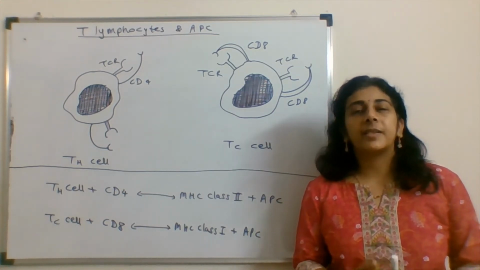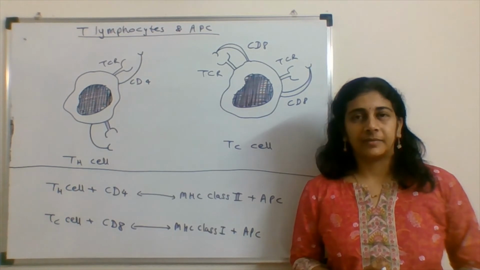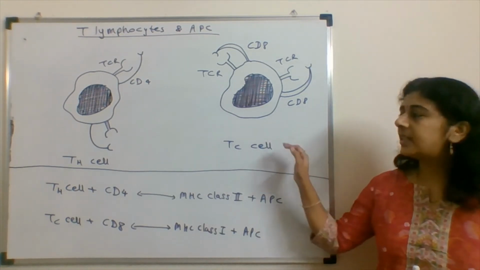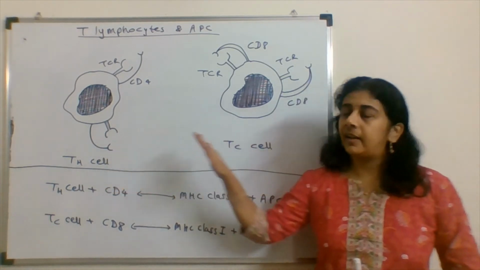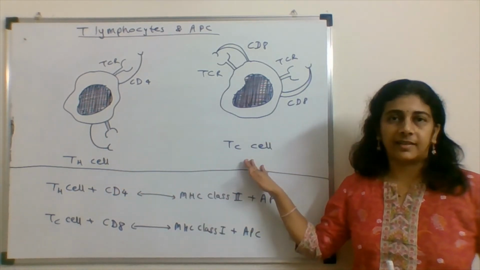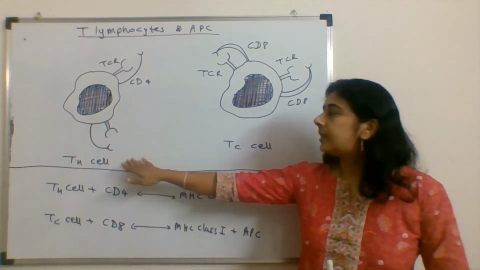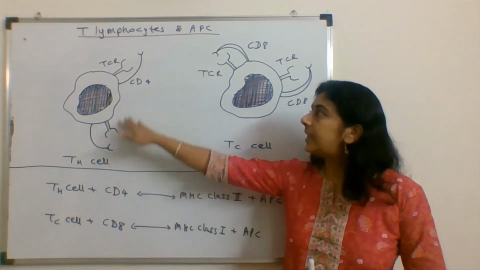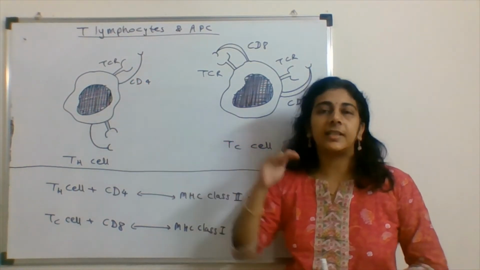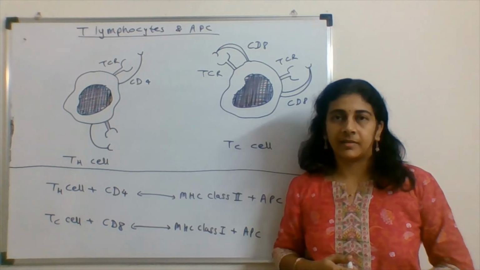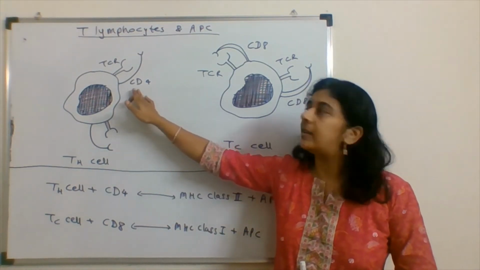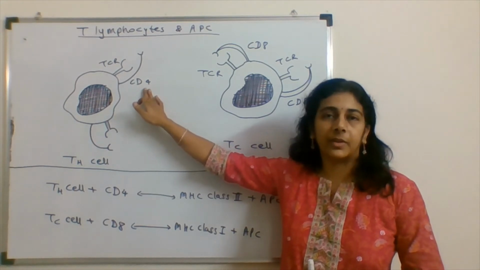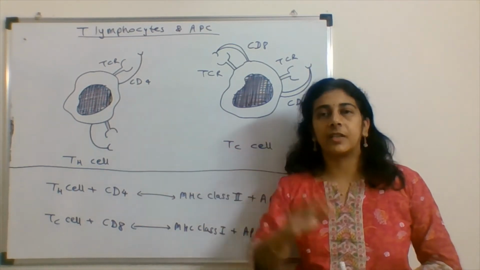It needs presentation of the antigen. We have seen two types of T cells, T helper cell and T cytotoxic cell. T helper cells have TCR on them, that is T cell receptors. Along with this, there are membrane molecules known as CD4, cluster of differentiation 4.